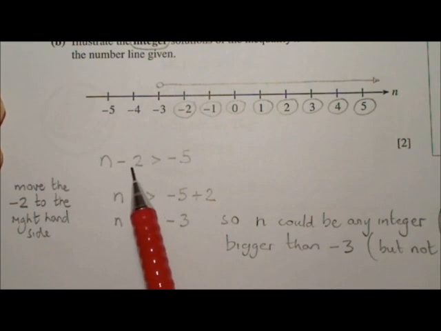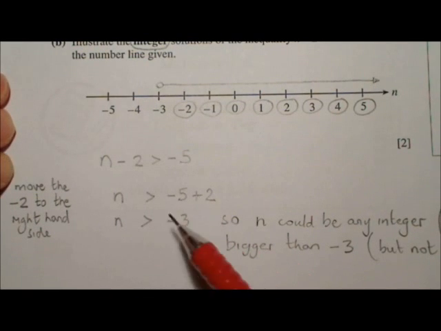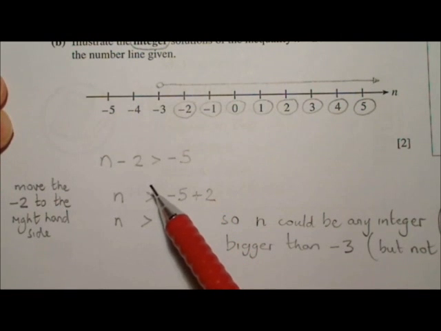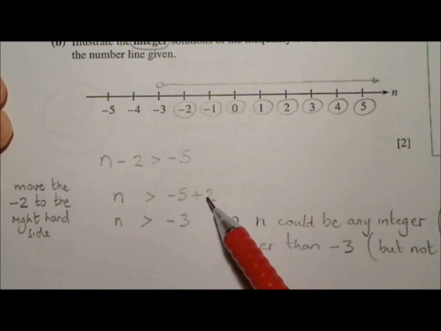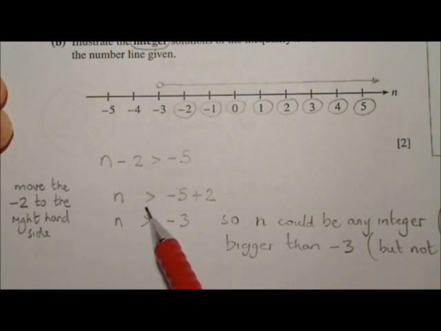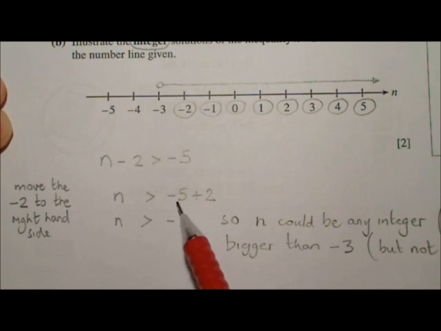Remember, when we move something from one side to the other of either an equation or an inequality, the sign changes. So the minus 2 becomes plus 2. Now we're left with n is greater than minus 5 plus 2. That minus 5 plus 2 is minus 3. So now we know that n is greater than minus 3.